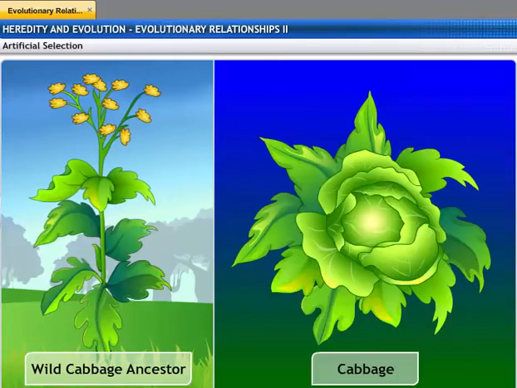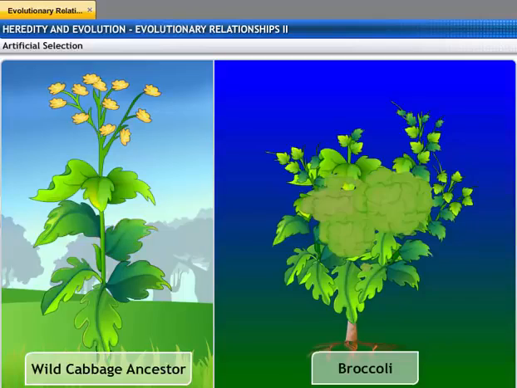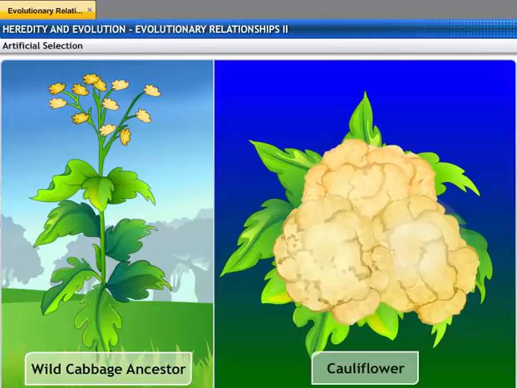Short distances between leaves gave rise to a new variety called cabbage. Arrested flower development gave rise to a new vegetable, broccoli. Sterile flowers gave rise to the cauliflower.